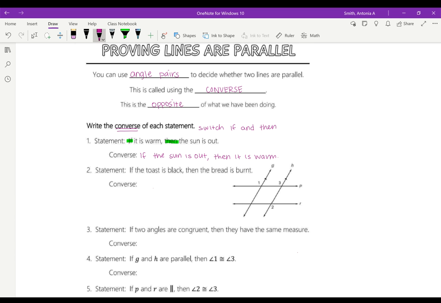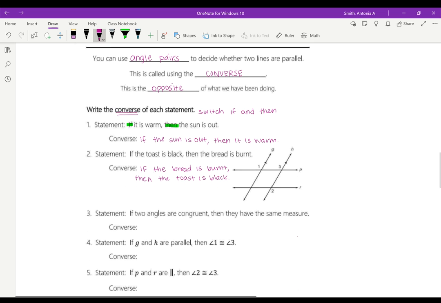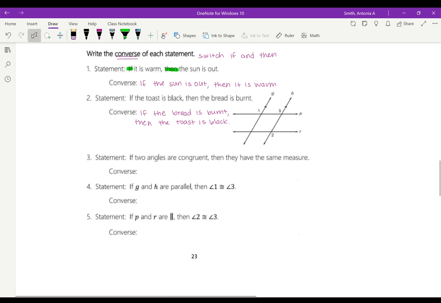So statement number 2, if the toast is black, then the bread is burnt. Switch those two things around. If the bread is burnt, then the toast is black. Okay. Practice a couple more. If two angles are congruent, then they have the same measure.